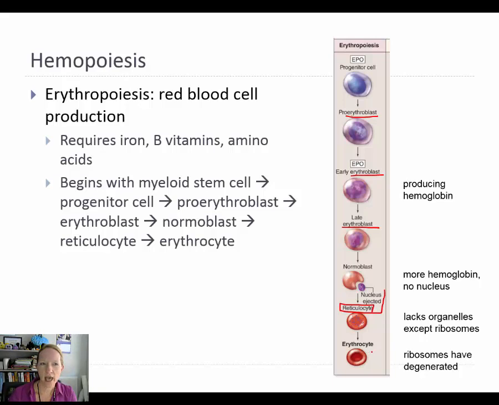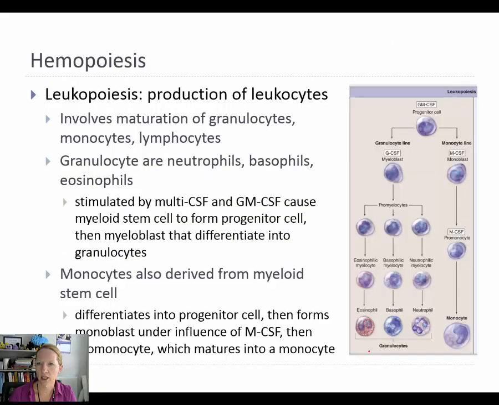So now let's take a look at leukopoiesis, a little bit more complicated. And again, don't worry, we're really not going to go through all of this stuff in between at all. But let's take a look. Here is that progenitor cell, that myeloid stem cell. And you don't even have to worry about these different factors either.